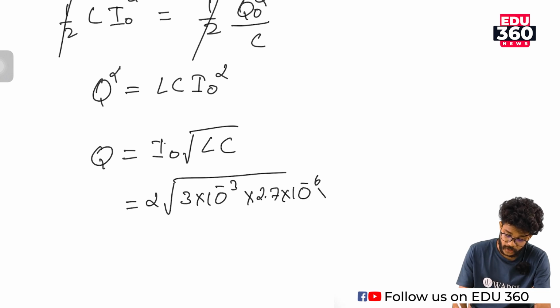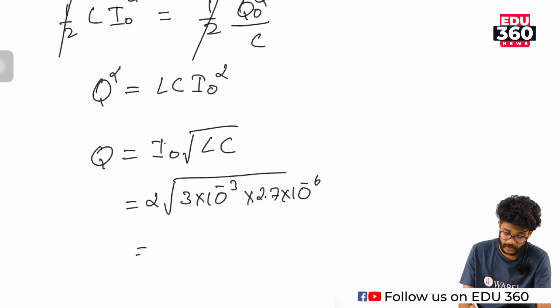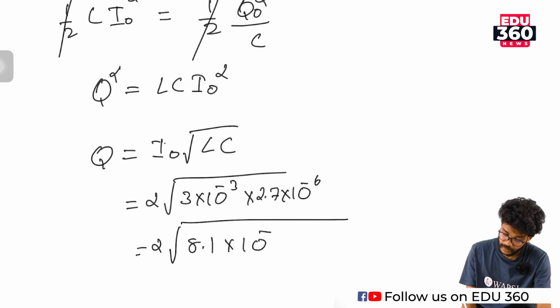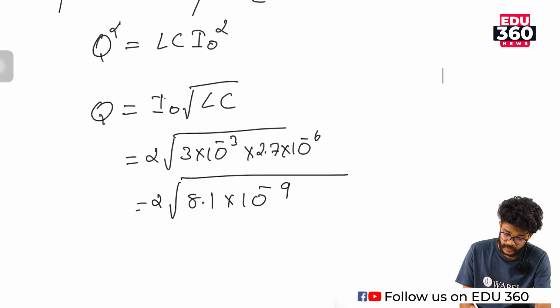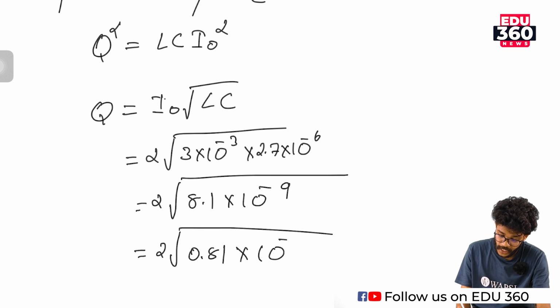Okay, so 2.7 into 3, what is the value? 60 and 21, which is 81. So 2 into 8.1 into 10 raised to minus 9, which is equal to 2 into root 0.81 into 10 raised to minus 8.